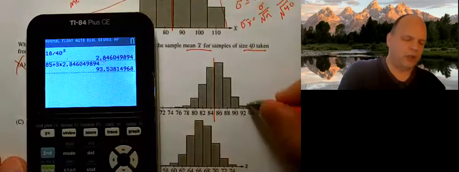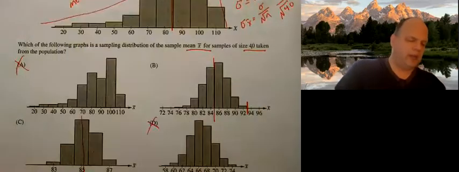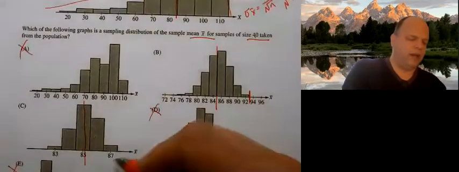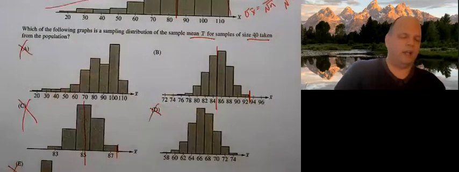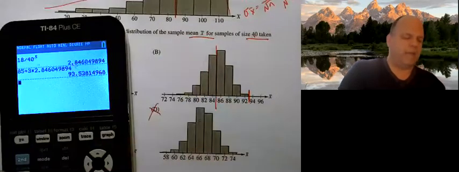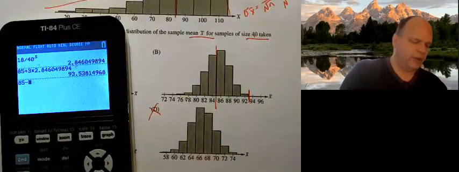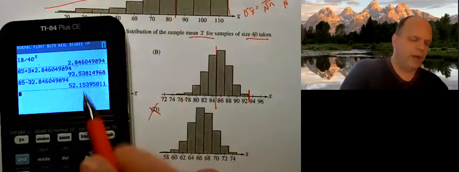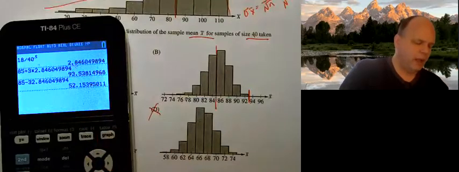That looks pretty good. Okay, I get over here, the highest value is at 87, that gets rid of that. Let's go ahead and check to make sure we have it low enough. 85 minus 3 standard deviations.